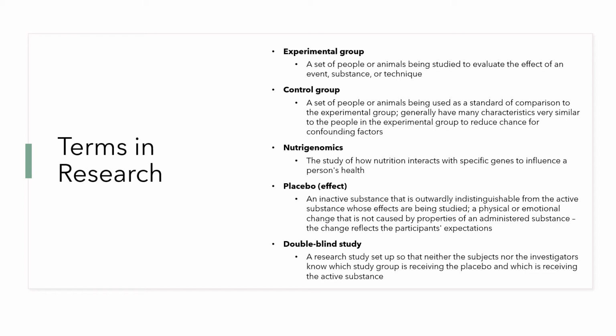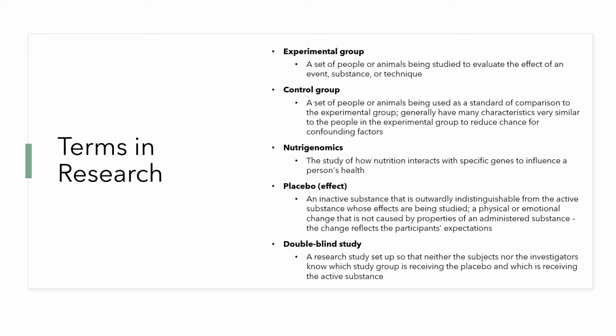They're the ones being studied, and they're the ones receiving the intervention, whether they're subject to exercise, a type of pharmaceutical drug, a specific type of diet, a specific type of surgery, or again, even an exercise.